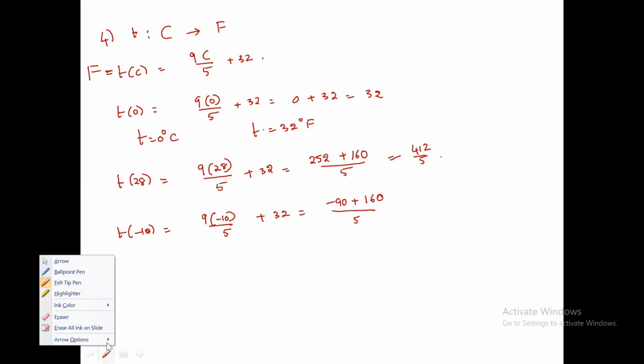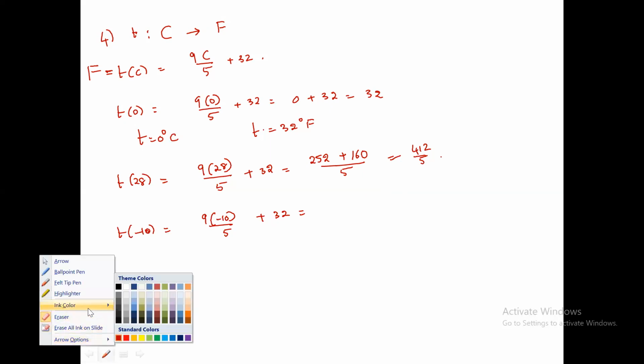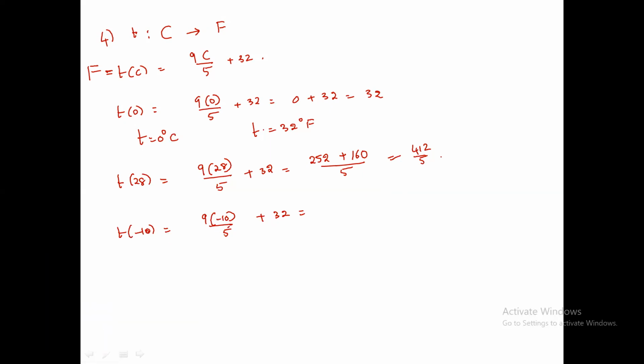Or if you want, instead of taking the common denominator, you can even cancel: 5 ones, 5 twos. So minus 18 plus 32, and that is 14. So if the temperature is minus 10 degrees Celsius, that means the temperature is 14 degrees Fahrenheit.